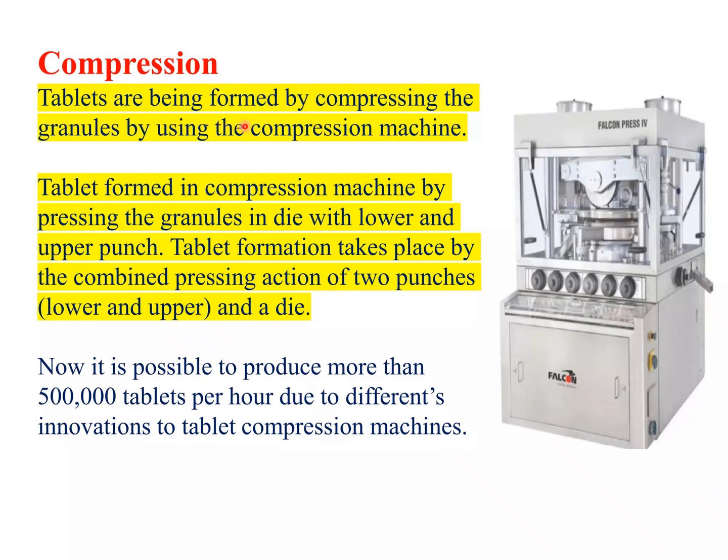So tablets are formed by compressing the granules using a compression machine. Tablet is formed by pressing the granules in a die with lower and upper punch. Tablet formation takes place by the combined pressing action of two punches, upper and lower, and a die. Now it's possible to produce more than 5 lakh tablets per hour due to different innovations in tablet compression machines.